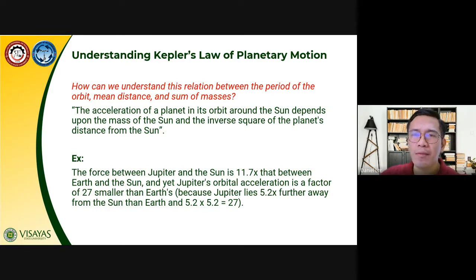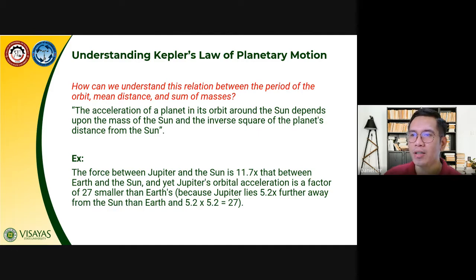So it is important for us to know that the force of gravity between the sun and a planet can be larger than between the sun and the Earth. Yet, the planet's acceleration can be either larger if it is closer to the sun or smaller than the Earth's acceleration in its orbit around the sun.